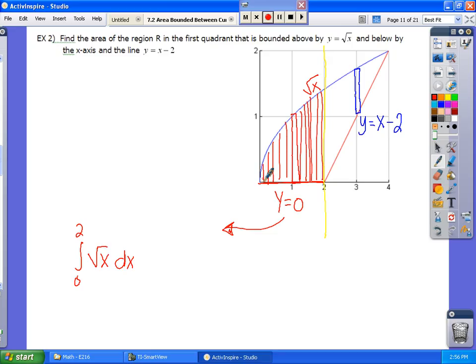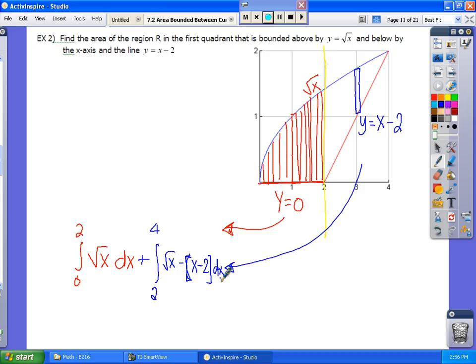In blue, we're going to add on the integral from 2 until 4 of the top function being root of x, but now the bottom function is x minus 2, and let me change that to a square bracket, dx. So that is a problem where you'll have two intervals.